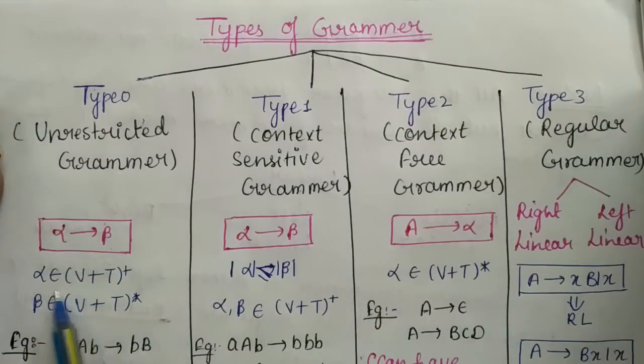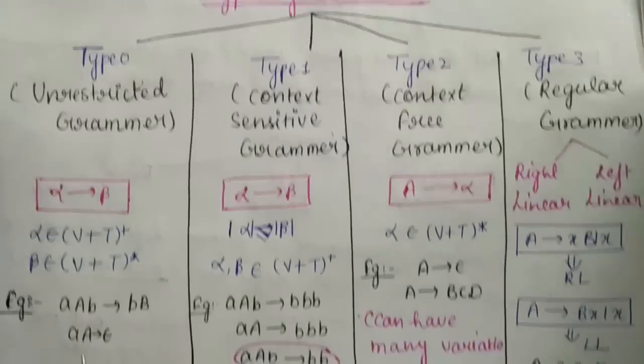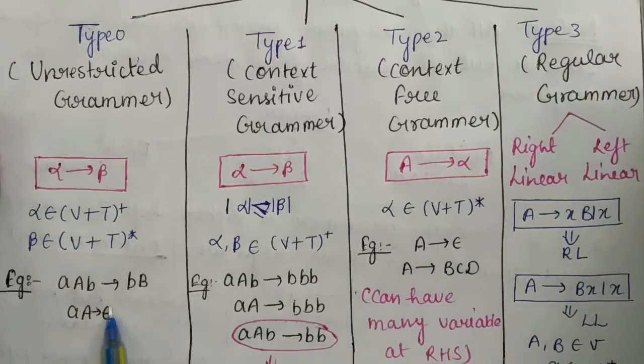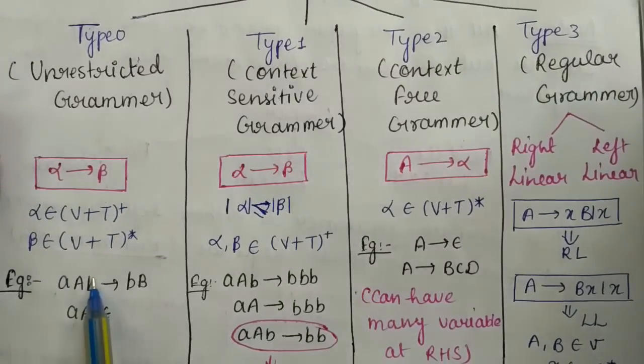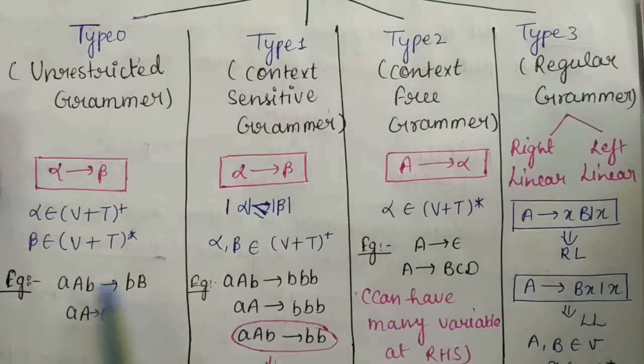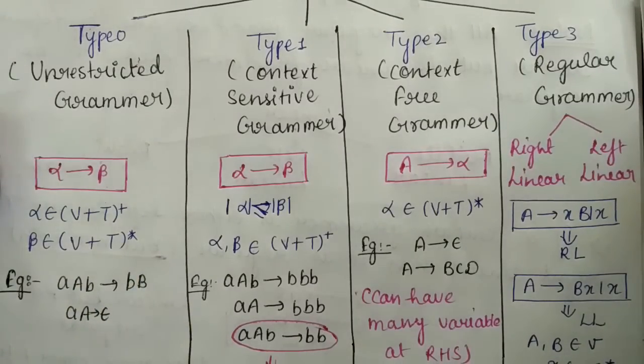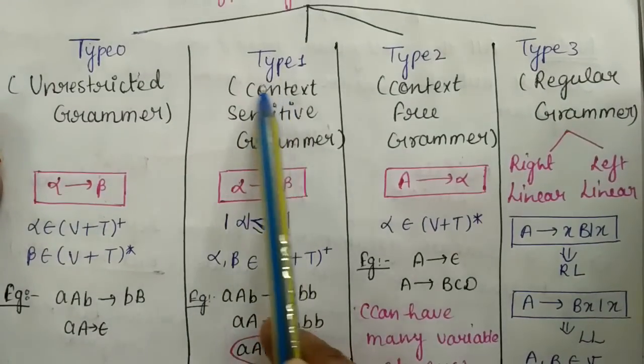But the only point is that in alpha we cannot have epsilon, but on the beta side we can also have the epsilon symbol. Now coming to type 1 grammar.